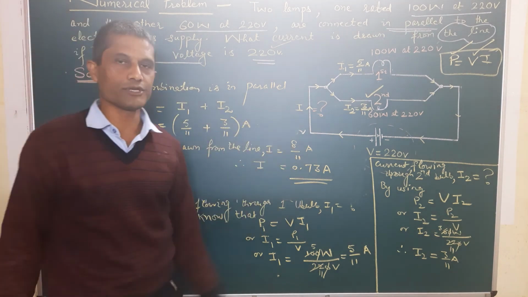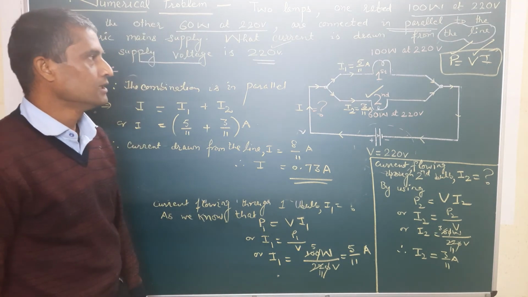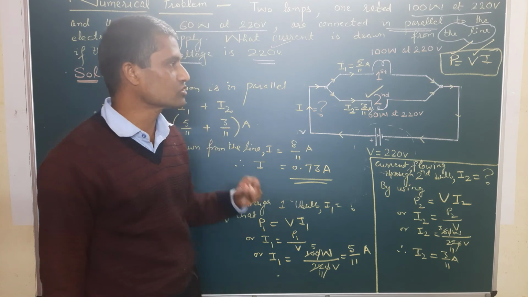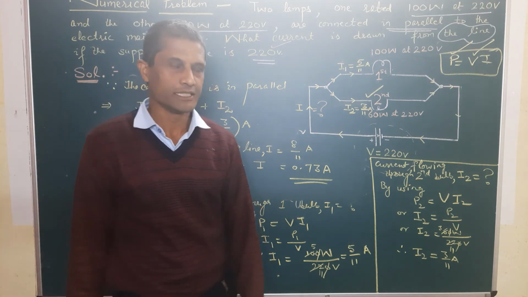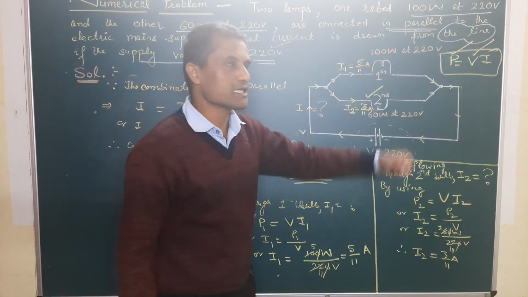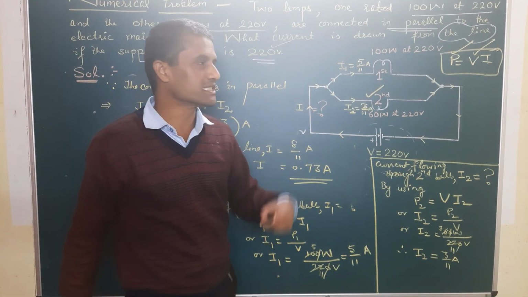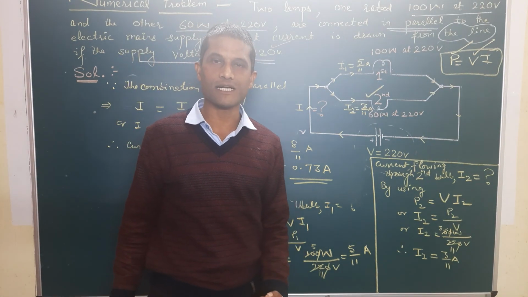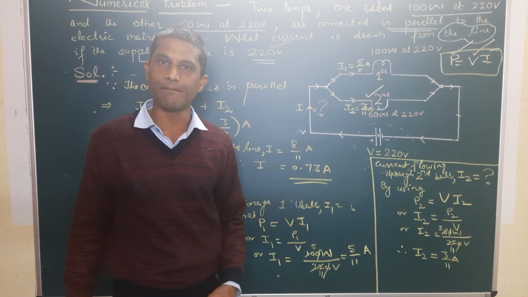So that's how you are going to take on the numerical problem. Once you know the concept, it is far easier to apply those concepts in real practice, provided you know how to put them into use. Previous knowledge is needed. Since this was a parallel combination, you have to use one or two mantras coming directly from parallel combination.